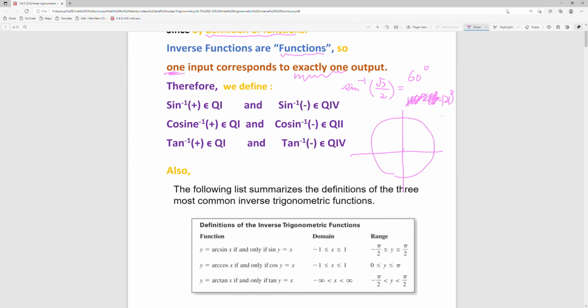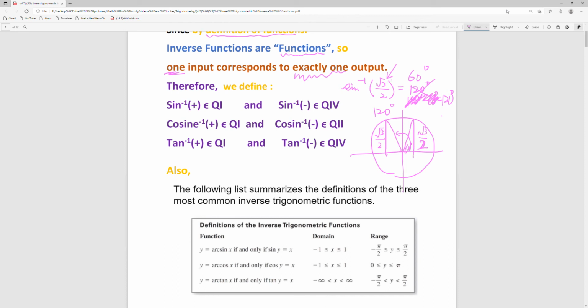On the unit circle, this square root of 3 over 2, this is 60 degrees, and another angle is 120 degrees. You also have square root of 3 over 2. So if you input the square root of 3 over 2 to the arc sine function, you cannot provide two answers. If you provide two answers, I will mark you wrong because you didn't get the concept of the definition of functions.